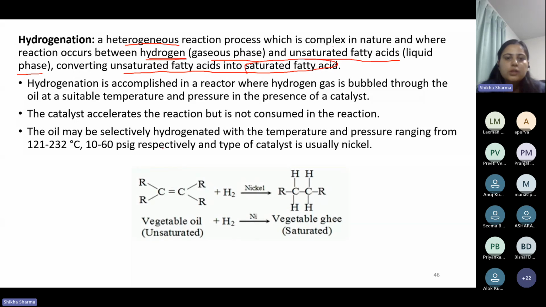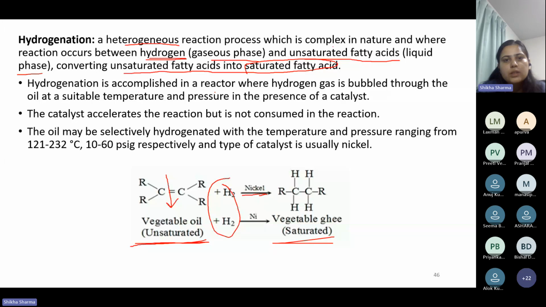So in the hydrogenation of vegetable oil, we can see in the reaction that this is the unsaturated fatty acid, and we use hydrogen and a catalyst, usually a metal like nickel. It breaks this bond, and we get the saturated fatty acid, which is this.